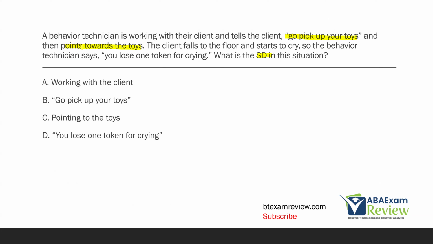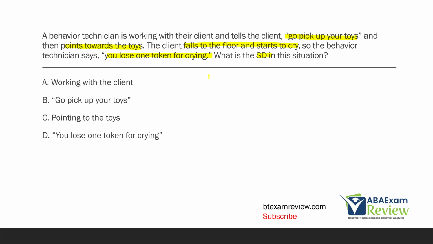So pointing would be considered what? Well, that's going to be the prompt, because pointing is going to come in between the SD and the response. And the response is the client falling to the floor and starting to cry. As a result, the behavior technician says you lose one token for crying, which is our consequence.